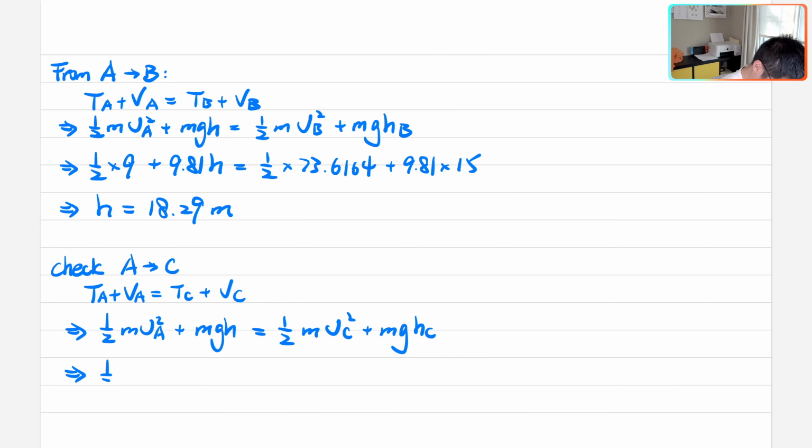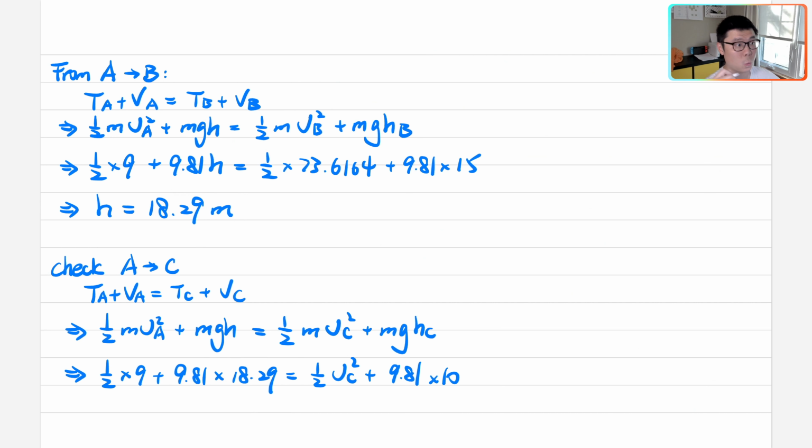We'll have 1/2 times 9, 9.81 times 18.29, which we got from here, 1/2 vc squared, which we don't know, plus 9.81 times 10.